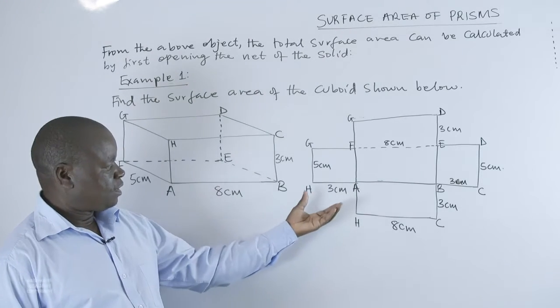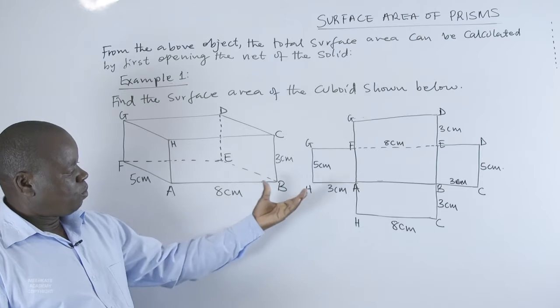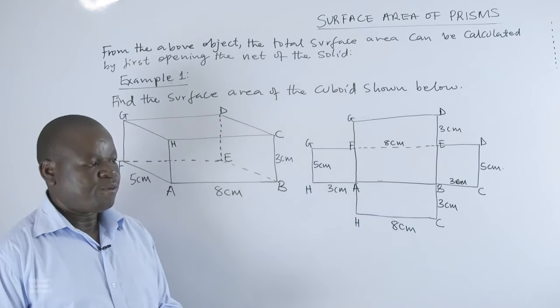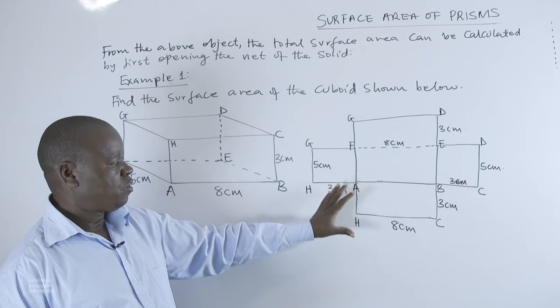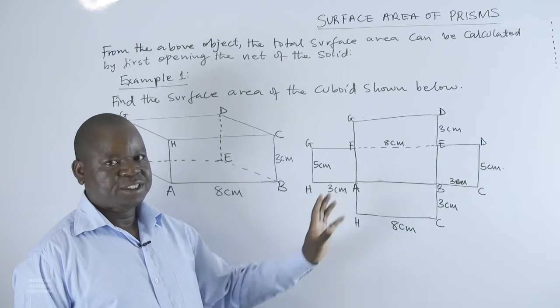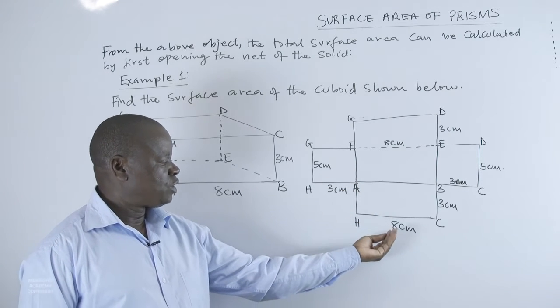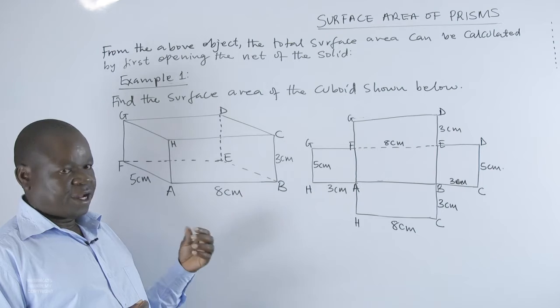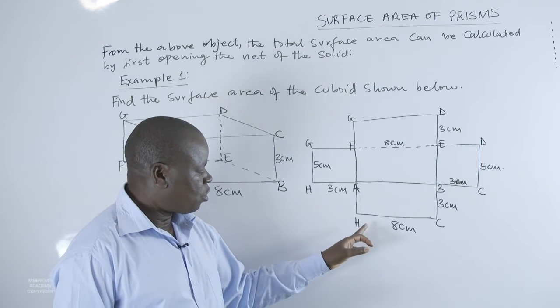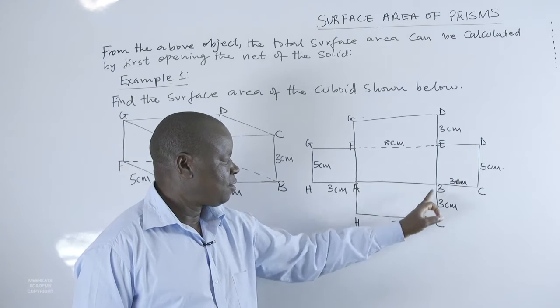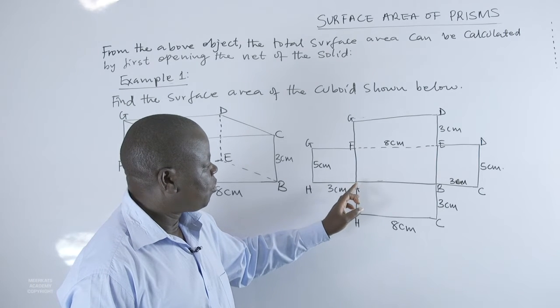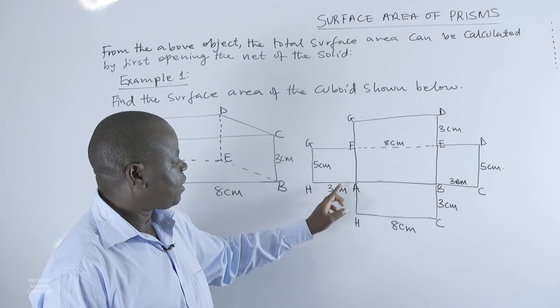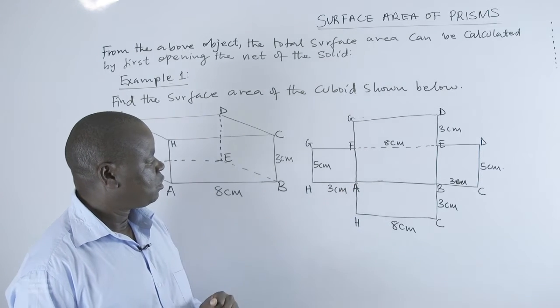So class, you can see now we have opened the net for this particular cuboid, and the cuboid is made of rectangular plane surfaces of the dimensions indicated. Like we have a rectangle of 8 by 3. We have a rectangle of 8 by 5.